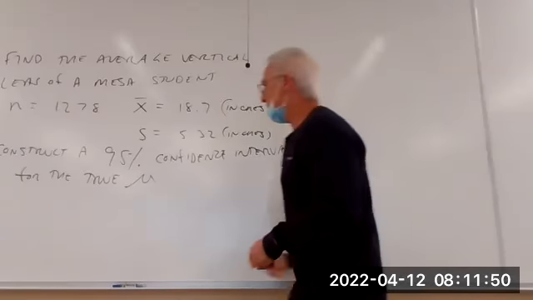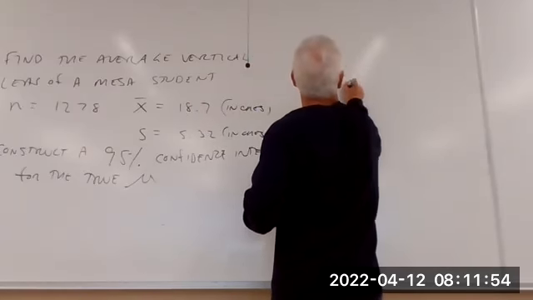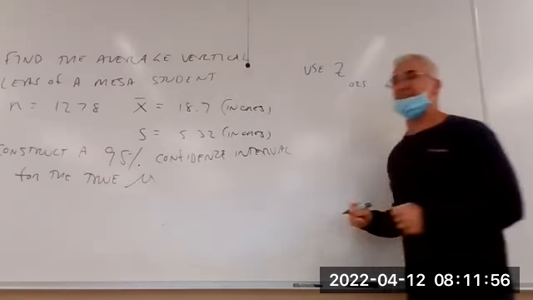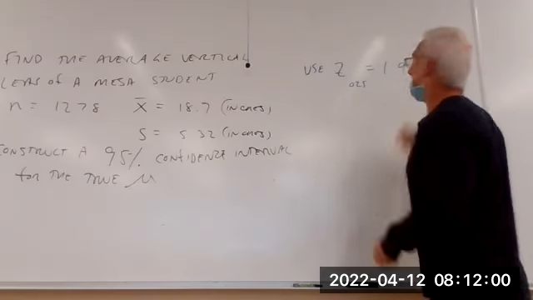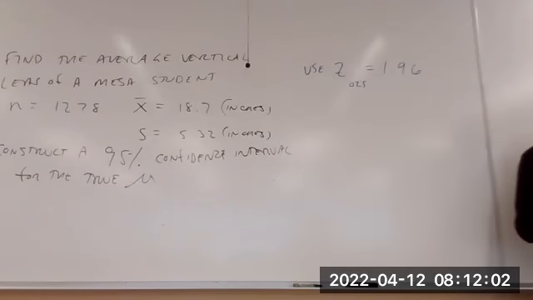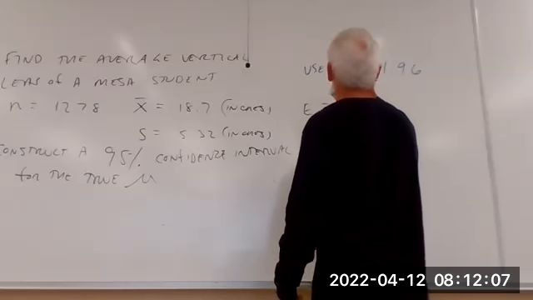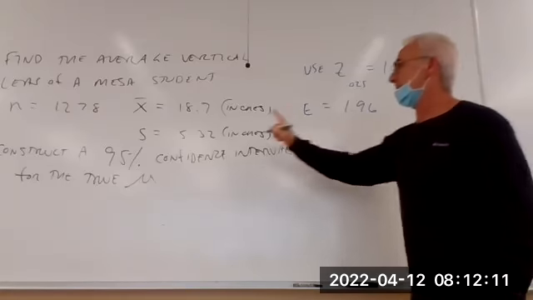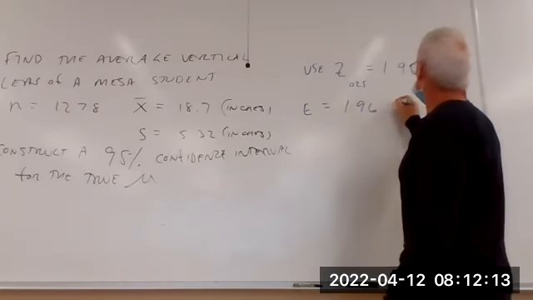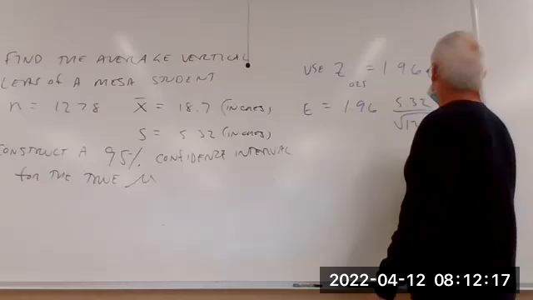Exactly. So because we want a 95% confidence interval, we are going to use the 2.5% tail. That's what that means. And that would be the 1.96. Okay. So with that, there is 1.96 times what? 5.32. Times 5.32 over the square root of 1,278.